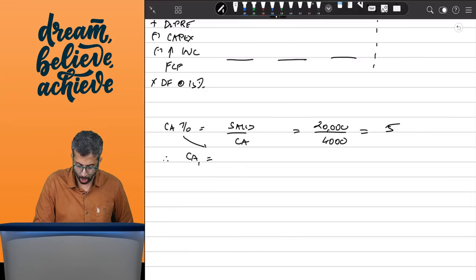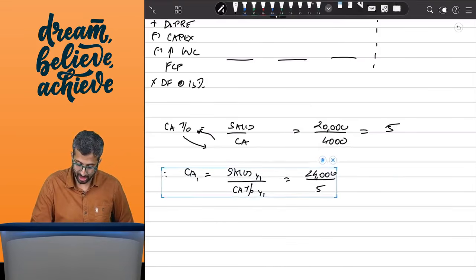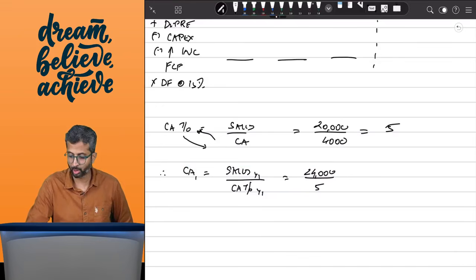I can take the turnover down and the current assets at the top. So this will be sales for year 1 upon the current asset turnover ratio, which is the same: 24,000 upon the turnover of 5. So my current assets required would be 24,000 divided by 5, that is 4,800.